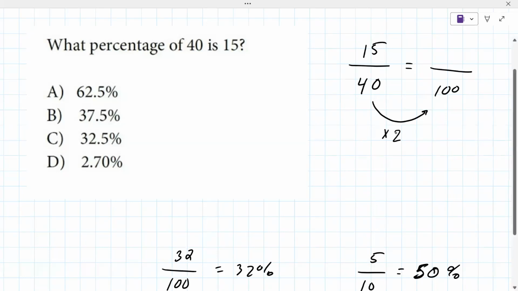Times two and times three, yes. Between those. So let's just say it's right in the middle. What is 15 times 2 and what is 15 times 3? 15 times 2 is 30. 15 times 3 is 45. Are there any answers between 30 and 45?